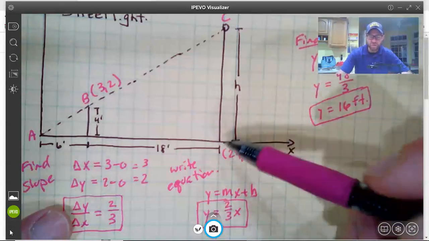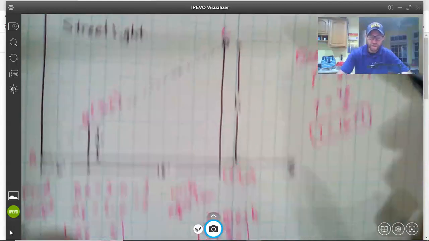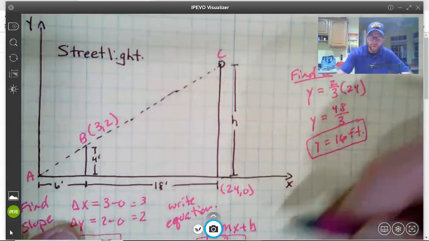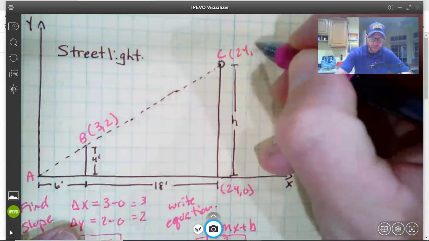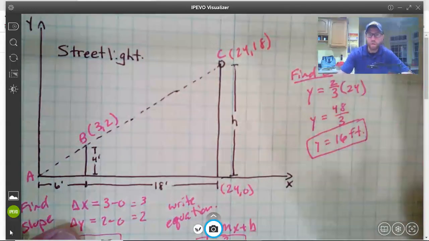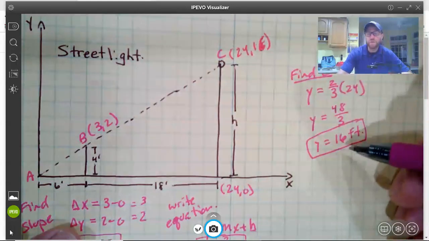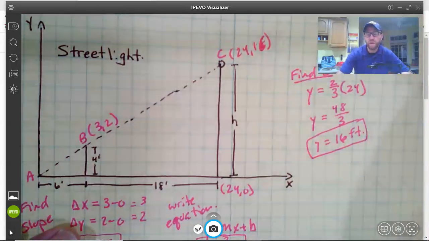And then I take that equation and I plug in the x-coordinate for point C, which was 24. When I plug that in, it outputs a y-coordinate, which is 16, which tells us that the street light is 16 feet tall.